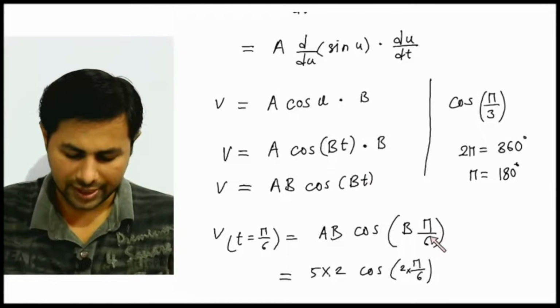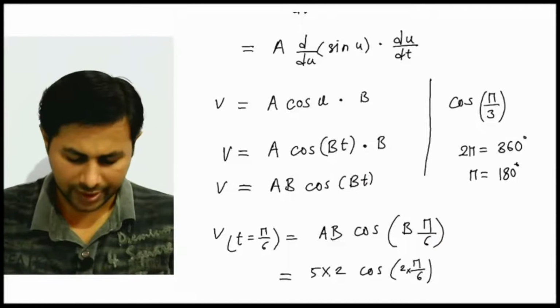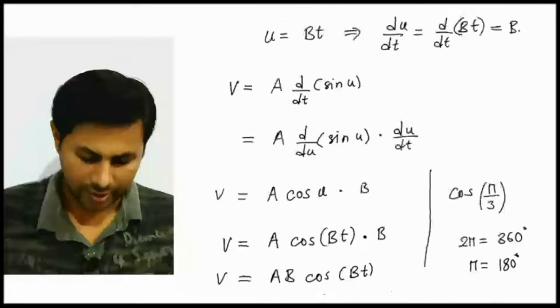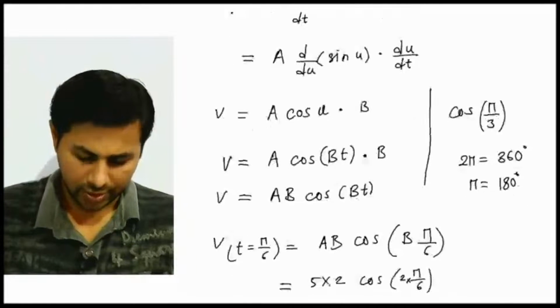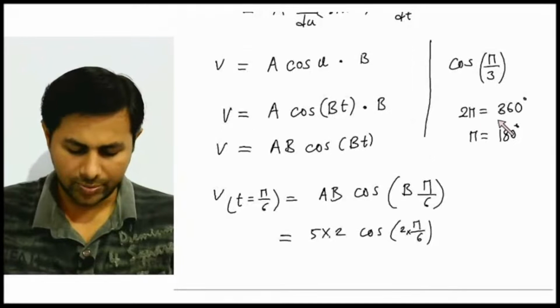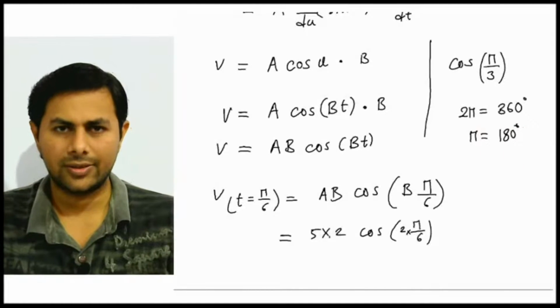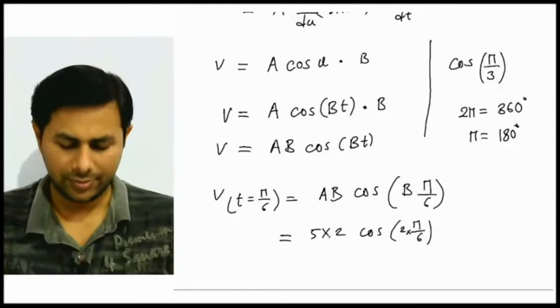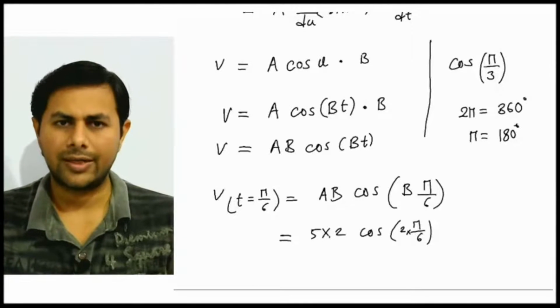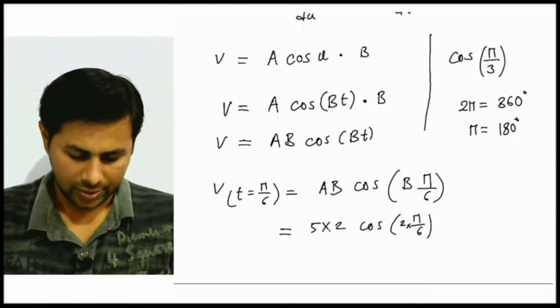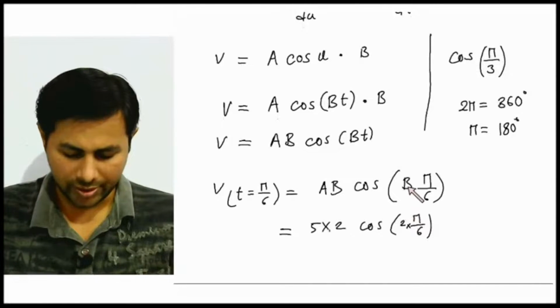So we substitute that, and then how much is pi by 6? So we know that 2 pi is 360 degrees. So pi is 180 degrees. Okay, it is 360 divided by 2, and therefore pi by 6 is how much? Okay, we also substitute b equals 2.